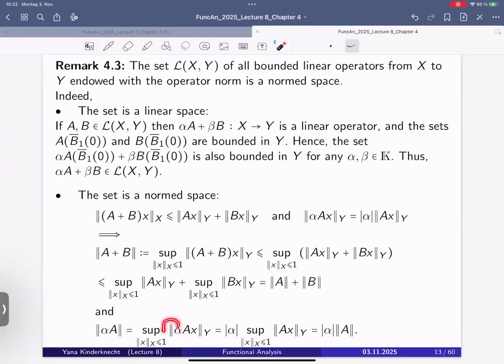The absolute value of alpha is a positive number, so the supremum of the absolute value of alpha times something is the same as the absolute value of alpha times the supremum. So we can pull it out here too. But then this is the definition of the norm of A, so we have this identity. Hence, we have shown that this holds.